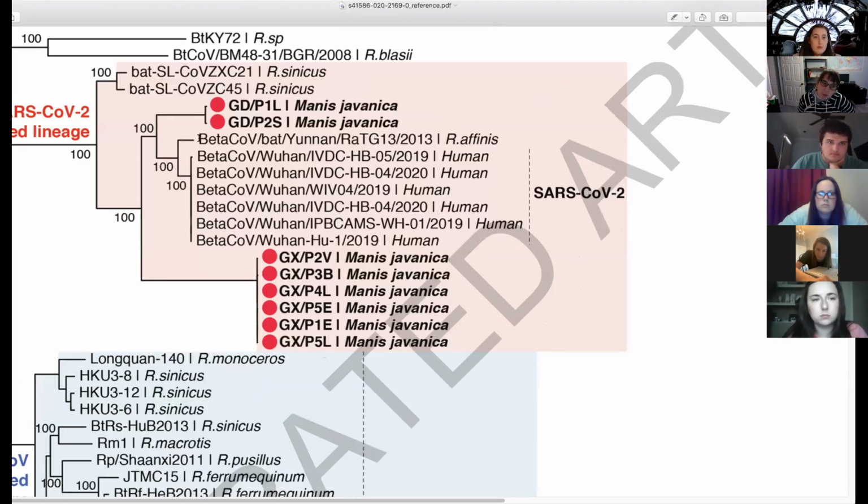And then what's becoming the standard of all comparison is this particular bat, RaTG13. So 13 referring to 2013. Ra is the species name, and I don't remember what TG is, but it's an abbreviation for a bat coronavirus that still appears to be sister to SARS-CoV-2. But look at the two sets of pangolin sequences. What does that say about the pangolin sequences?